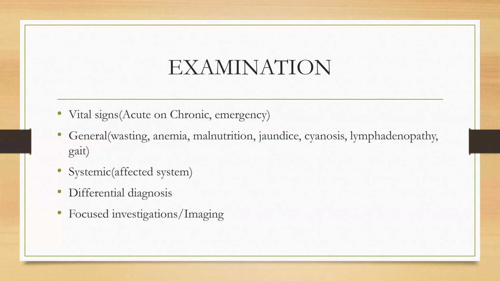And then you go to the systemic exam. The systemic exam will be guided by what you have found from the symptoms. If you think you have pulmonary TB, then you do a respiratory examination. If you think you are dealing with TB of the abdomen, you will do an abdominal examination. In the process of the examination, that is where you start getting your differential diagnosis.